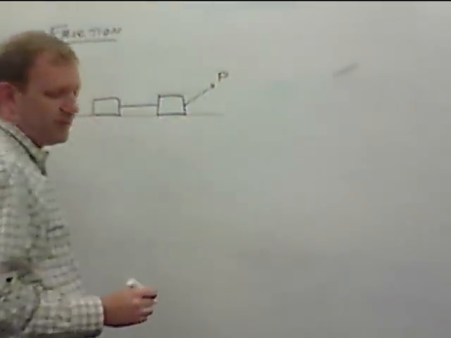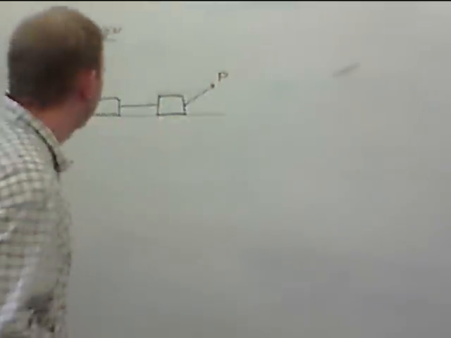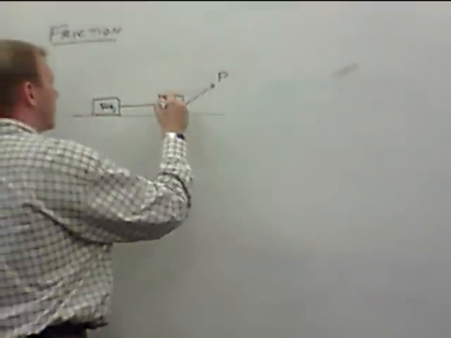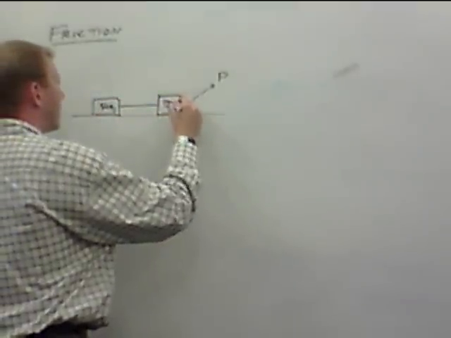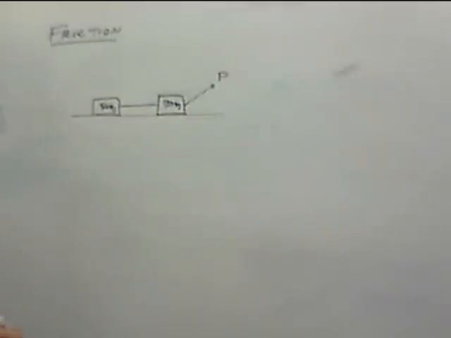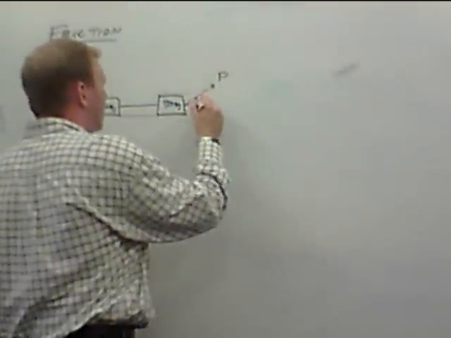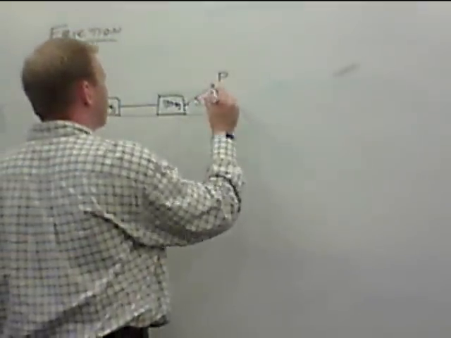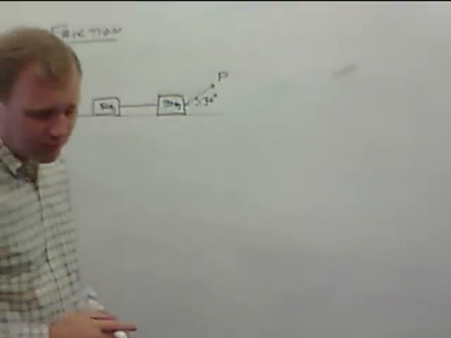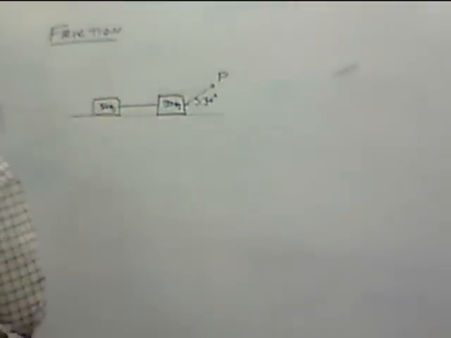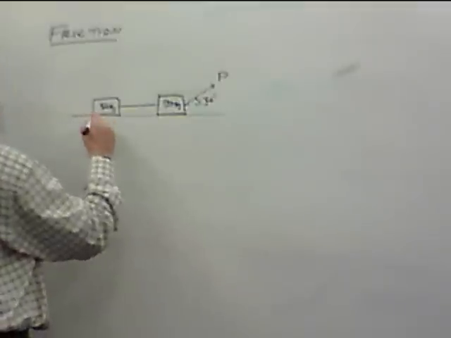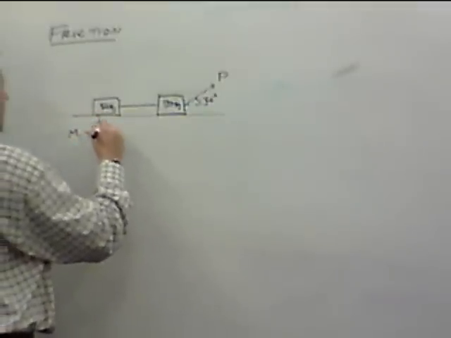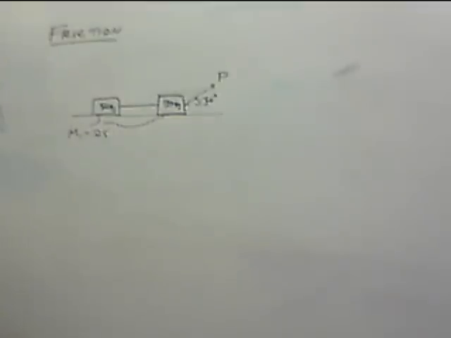This is our force P. I'm going to say these are both 50 kilograms. This angle is given as 30 degrees. We'll keep it simple. And the coefficient of static friction is 0.25, and that's for both cases.